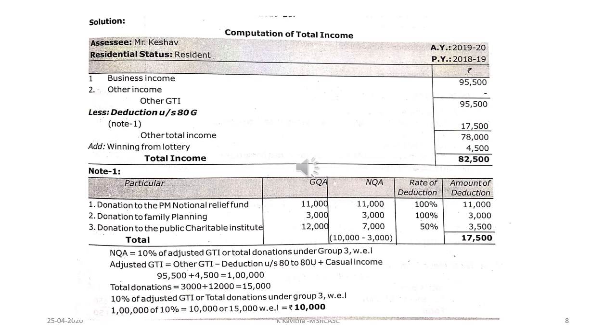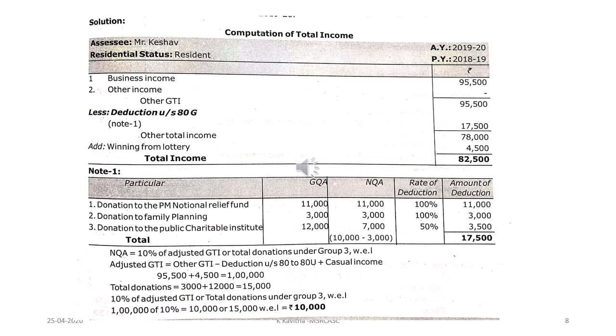So there are two donations which will be eligible under Group C. Whenever we have Group C, you have to remember we have to calculate 10% of adjusted GTI. So to calculate adjusted GTI, we take gross total income minus deductions under section 80C to 80U plus casual income. So 95,500, we don't have any other deductions other than 80G, and we have to add casual income 4,500. Total it comes to 1 lakh.